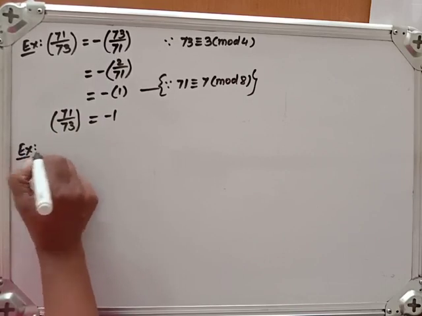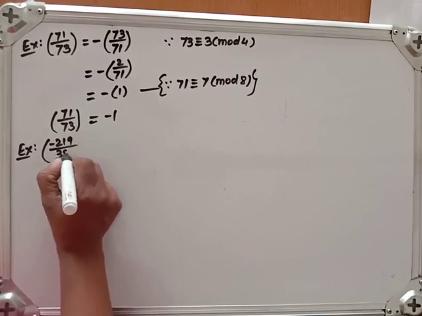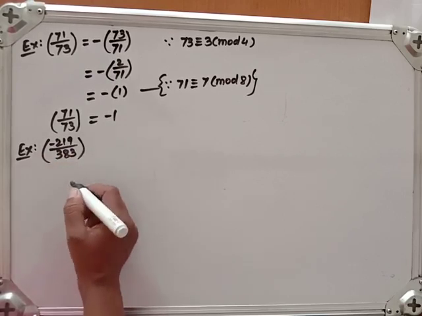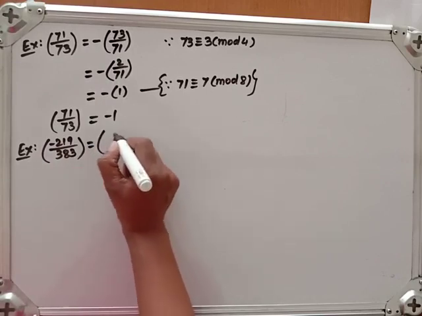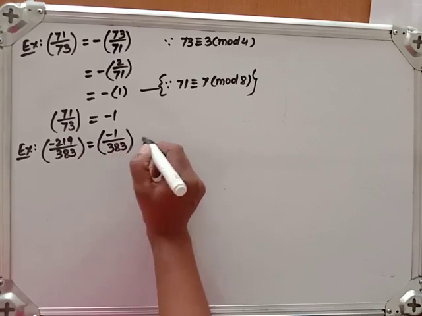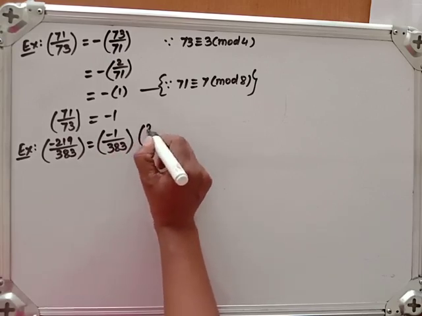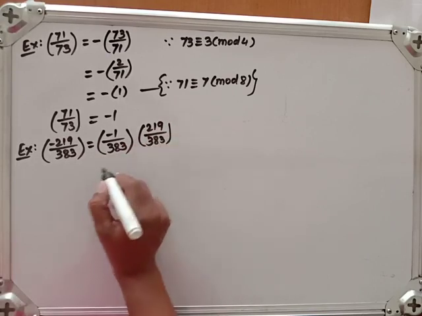Another example is the Legendre symbol of minus 219 upon 383. This one I had given as homework in the previous video. So it will be the Legendre symbol of minus 1 upon 383 times the Legendre symbol of 219 upon 383.